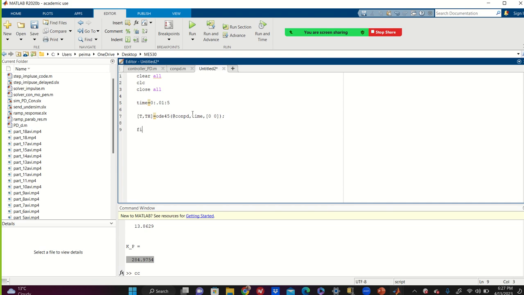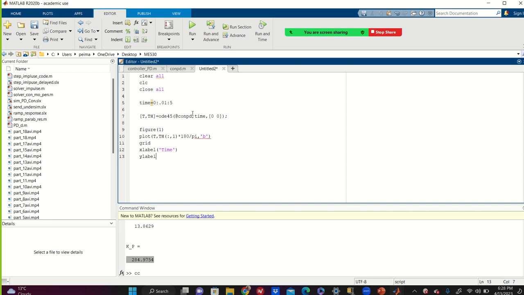Then I'm gonna say figure 1. I say plot total time t and the angle of that, bear with me, all the rows and columns, but in degrees for me, please. And blue and grid, X label. Bear with me, okay? Because I have to teach too many things here.